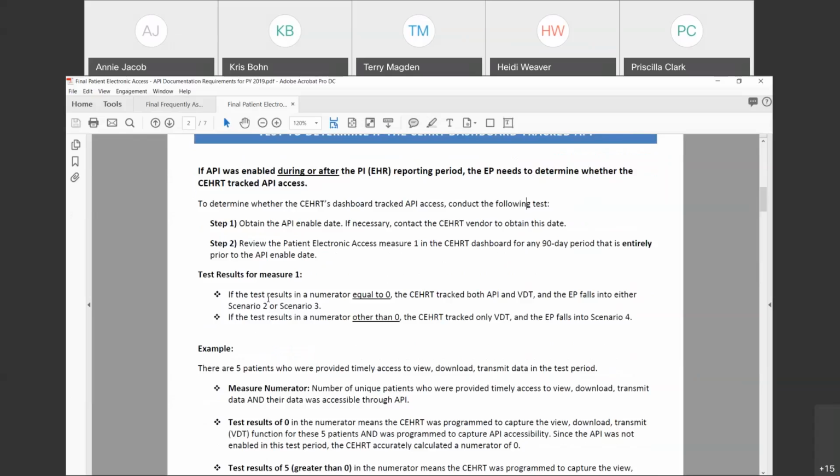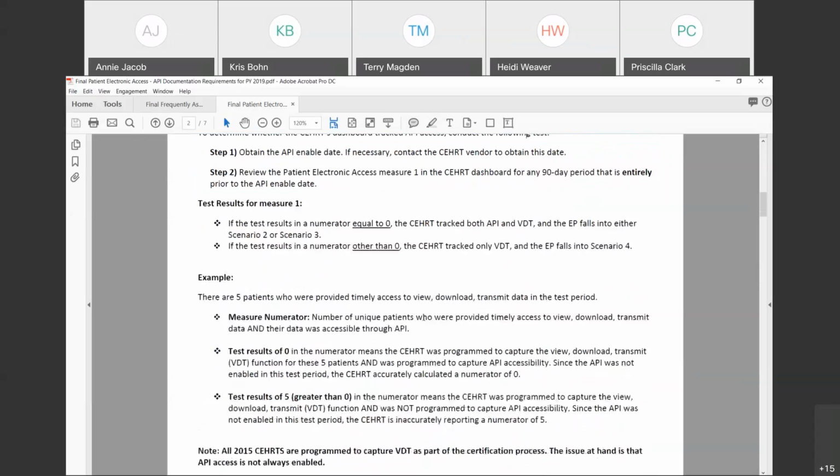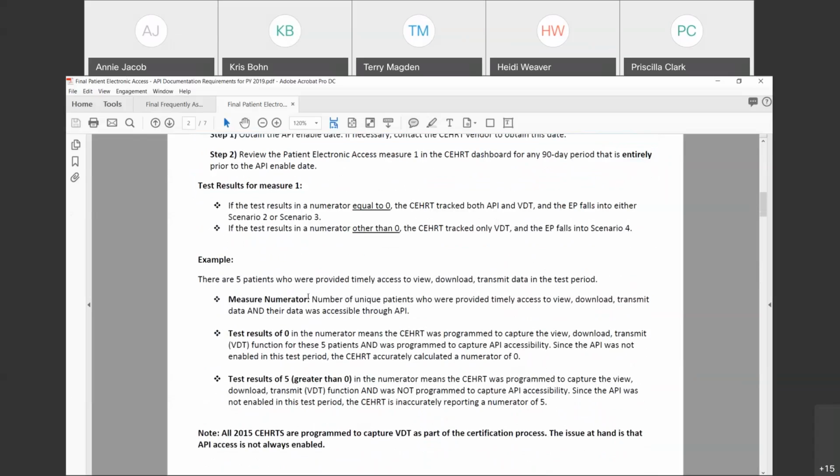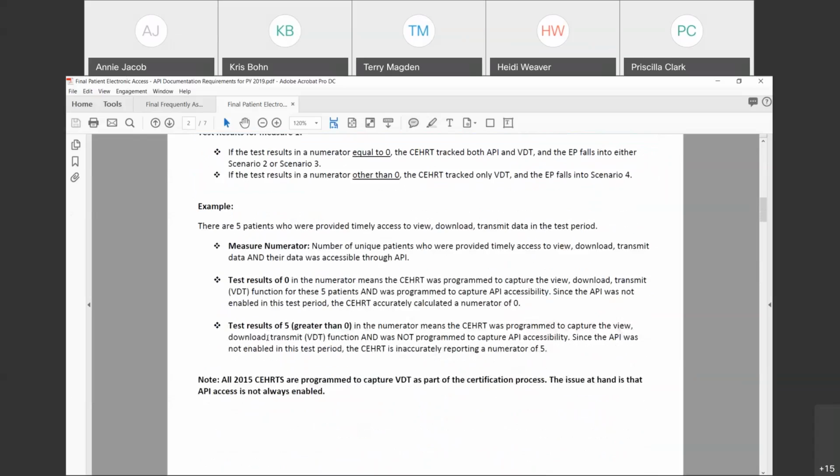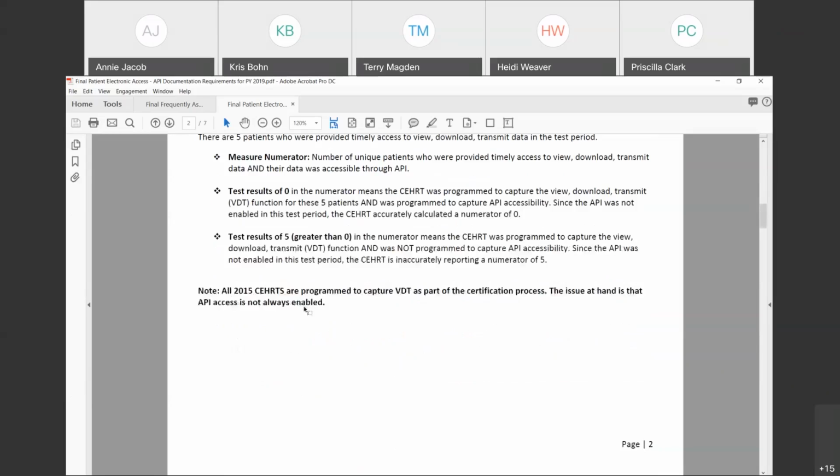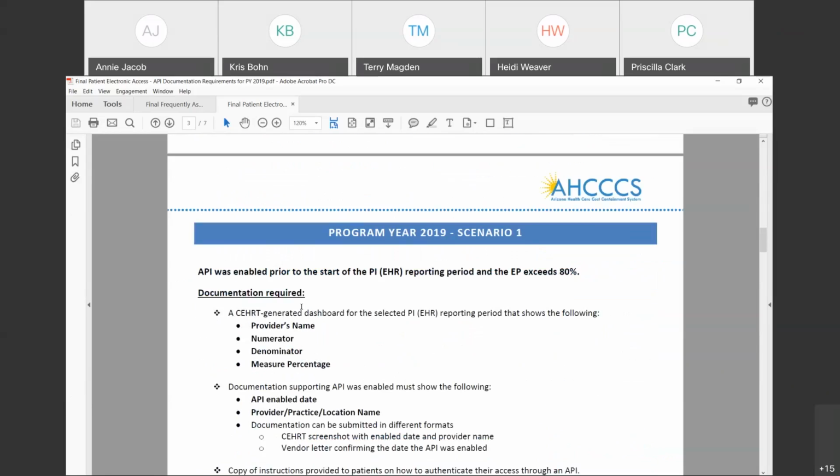It talks about the test results for measure 1, if it equals less than 0, or if the test results are something other than 0, so greater than 0, which shows that the Cert tracked only VDT. It walks through the example of it. And so the same example that was on the PowerPoint, you will also be able to see here. So that's on page 2 of the PDF that will be made available to you. Starting on page 3 is the scenario. So you can go through and look at what documentation requirements are there.